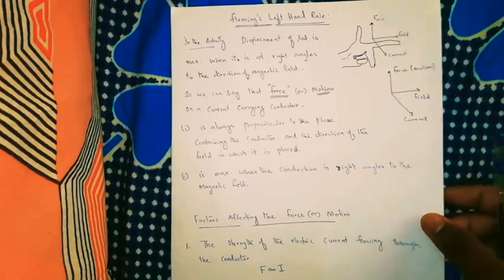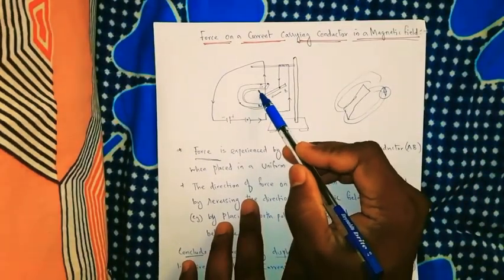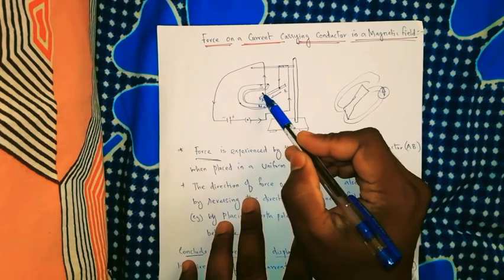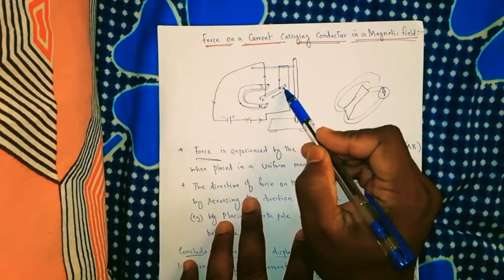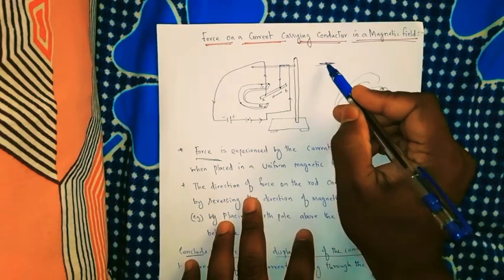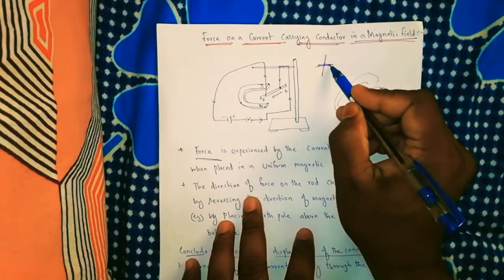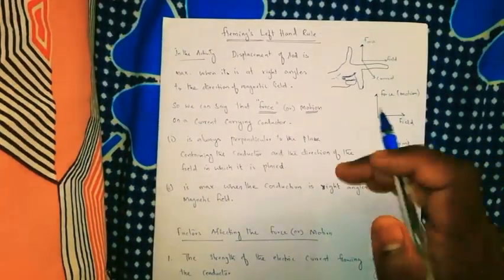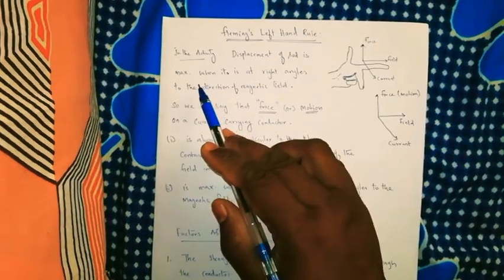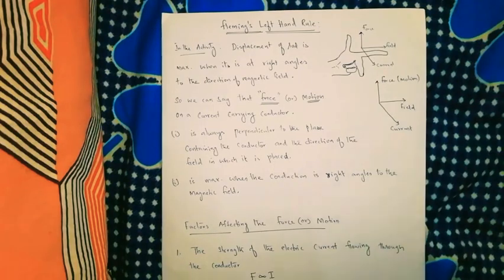If I just want to show it once again, this is the magnet, and the magnetic field will be here, and the rod is exactly at the right angle. That's what it is saying, that the displacement of the rod is maximum when it is at right angles to the direction of the magnetic field.